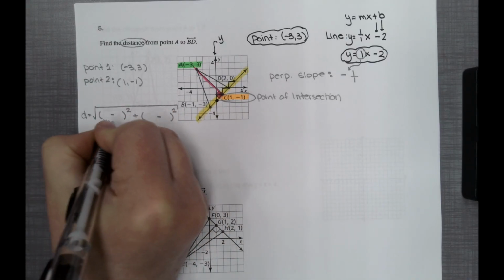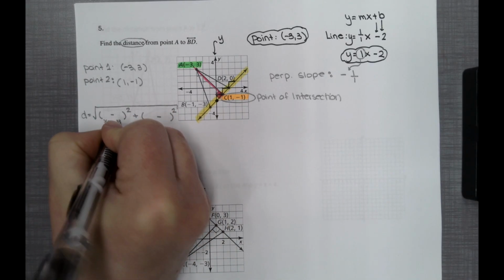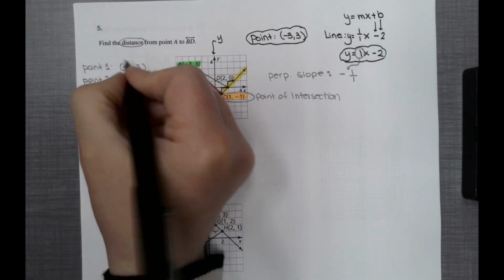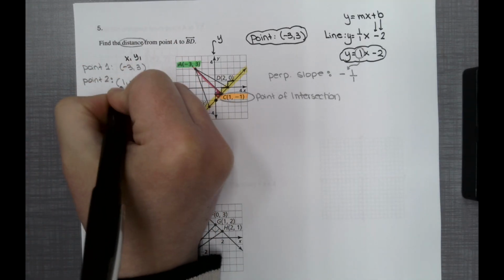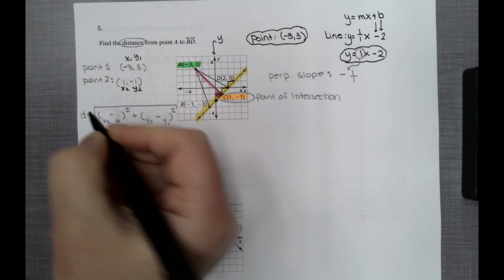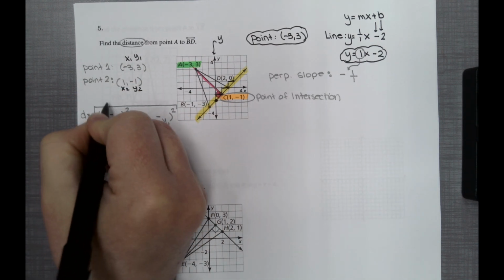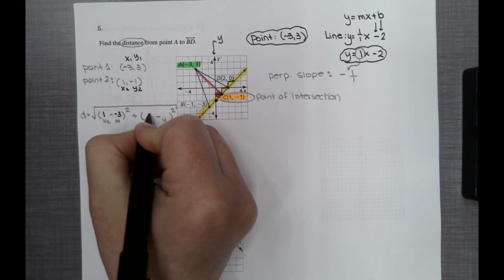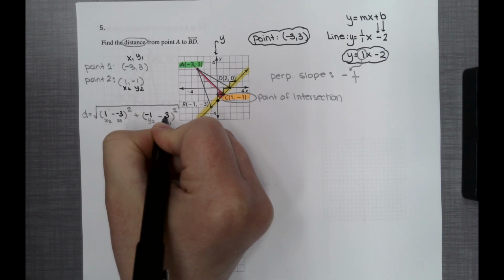Take the square root. Label your points, x1, y1, x2, y2. x2 is 1. x1 is negative 3. Careful here with double negatives. y2 is negative 1. y1 is 3.